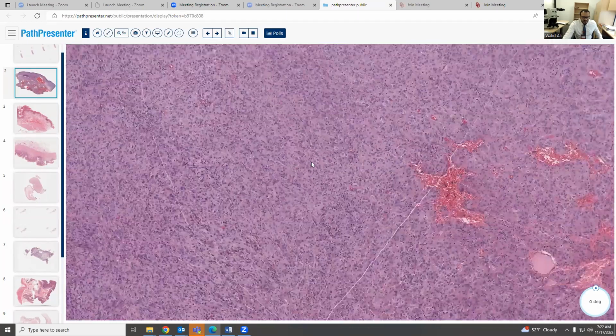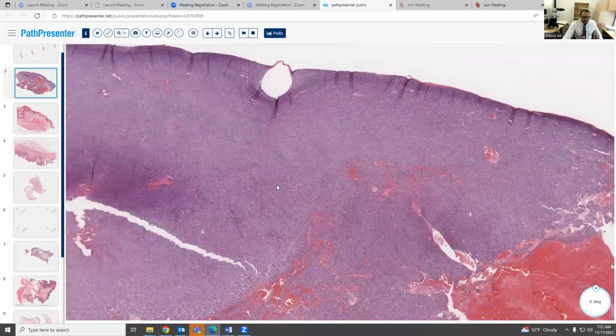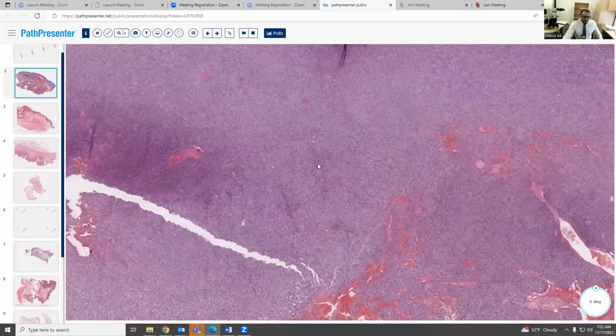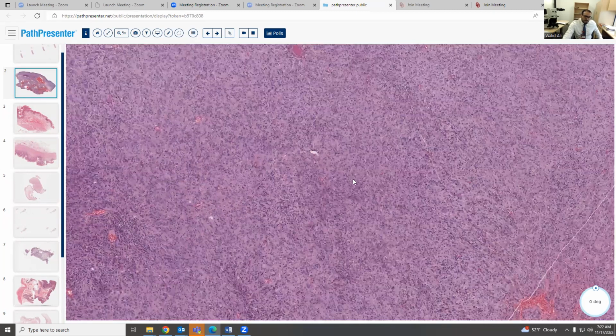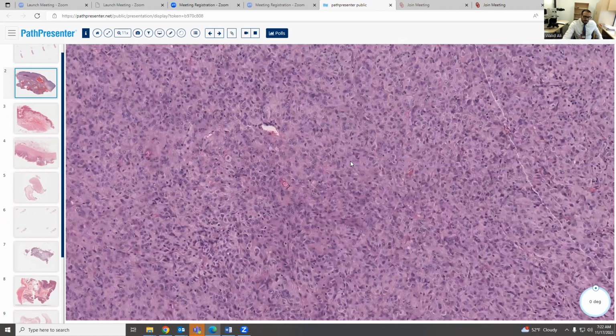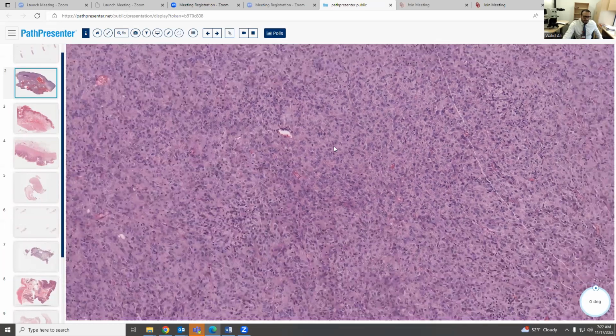I brought this case because it's interesting. First, it's in the small bowel. Usually we see this mesenchymal tumor in the stomach, and most of the time it's spindly. However, it can be epithelioid, and it can happen everywhere in the GI.